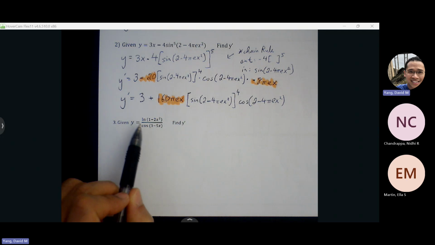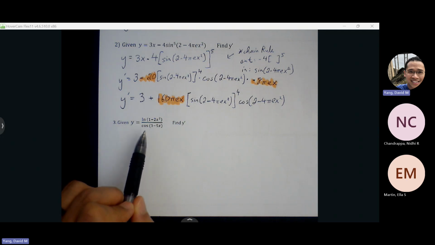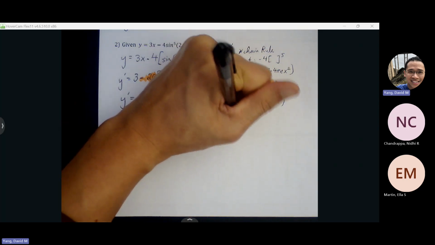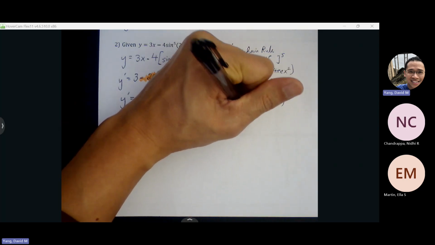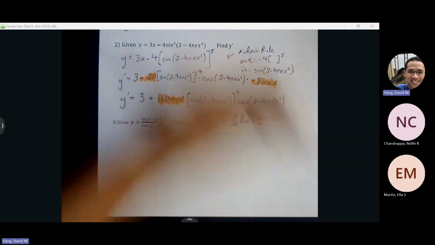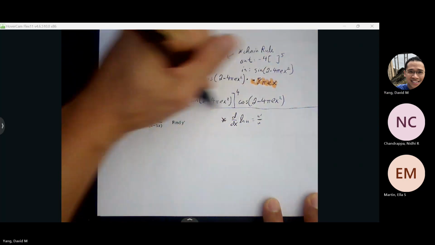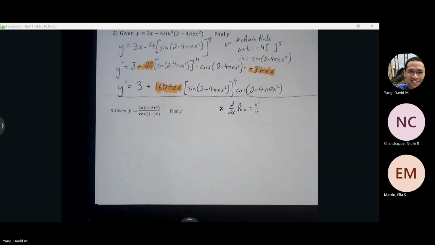Number 3, y equals natural log of 1 minus 2x squared over cosine 3 minus 5x. Natural log, this rule carries over from last unit. Natural log's derivative is u prime over u. We have to go through quotient rule.